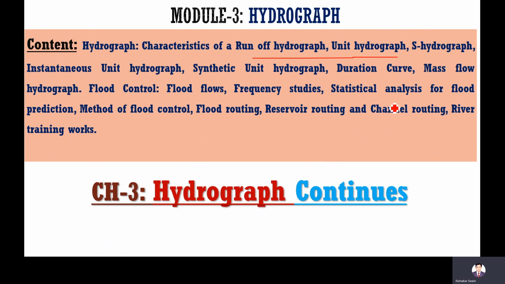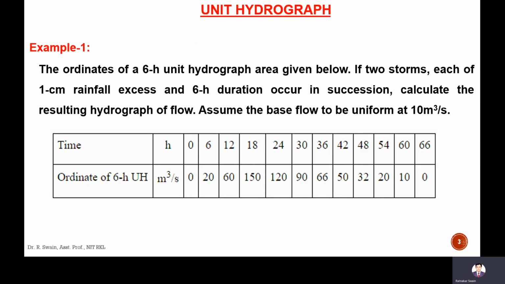So today I'll first discuss some problems on the unit hydrograph, the derivation of the unit hydrograph or the derivation of the flood hydrograph. The first problem: the ordinates of a 6-hour unit hydrograph are given. If two storms, each of the same rainfall excess and 6-hour duration, occur in succession, in succession means one just after another.